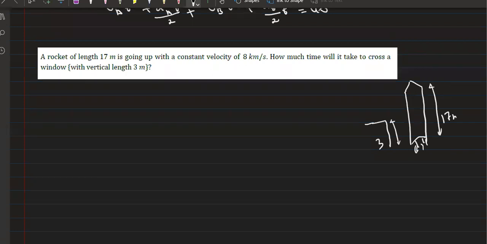Wait, there's some mistake that I did, I guess. Okay, yeah. So when this rocket, wait, guys, am I audible? Because I think my voice is breaking.